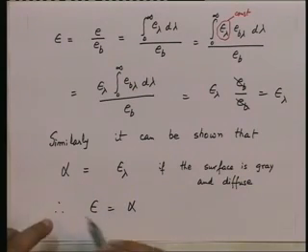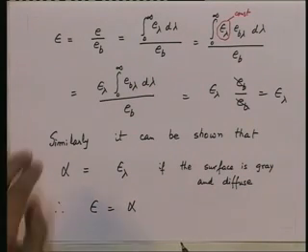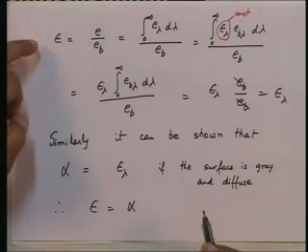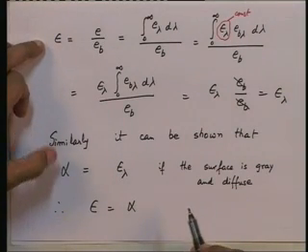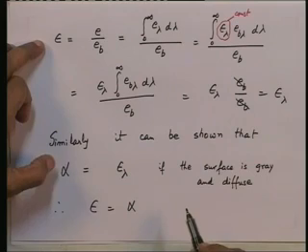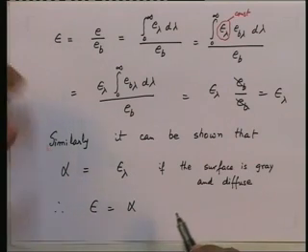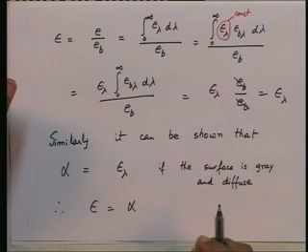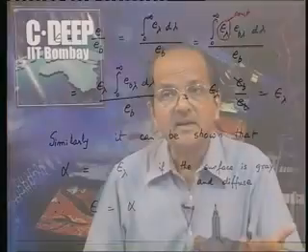I am not showing the second thing, that alpha is equal to epsilon lambda, but you can show it in the same way that we showed earlier for epsilon. Say alpha is equal to H A upon H, then go ahead and describe H A in terms of an integral and use the fact that alpha lambda is epsilon lambda, which Kirchoff's law states, and you can show alpha is nothing but epsilon lambda.